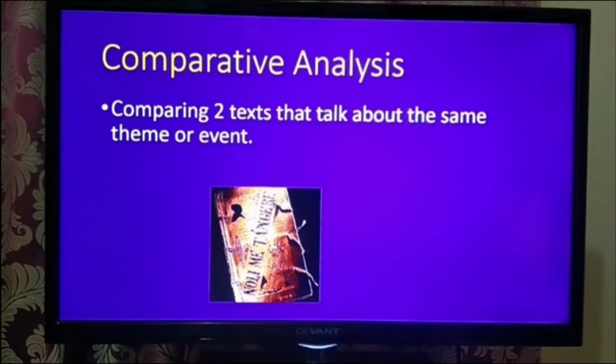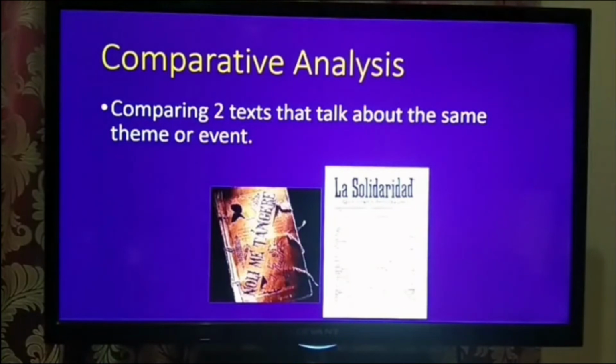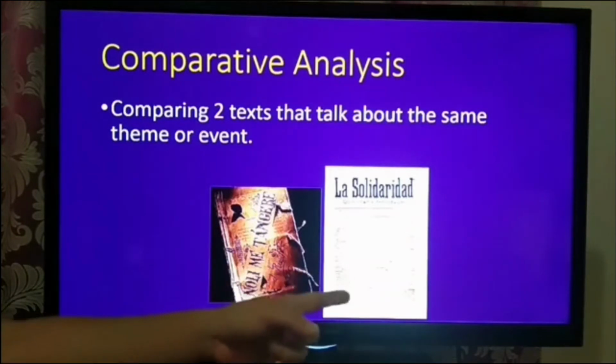So aside from Noli, maybe we can get another document called the La Solidaridad. This is a newspaper written also in the same decade or in the same period in the 1800s. Printed also in the same place, in Europe, and written by the same people. Rizal was also a writer in La Solidaridad together with his friends. And so these two, we put them side by side.